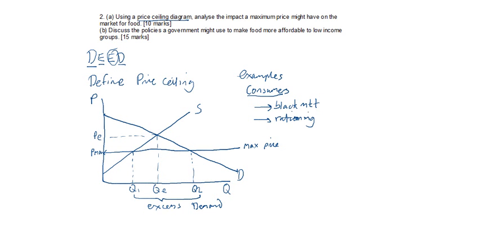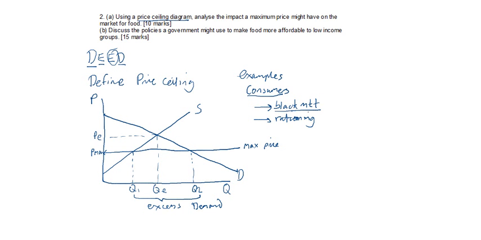Okay, and that's all you needed to do, because all it's asking you to do is analyze the impact of the maximum price. So you're analyzing this impact, you're saying that the consumers get a lower price, they're going to demand more, suppliers are getting a lower price, so they're going to supply less. This creates excess demand, which creates problems for the government, perhaps with the creation of black markets.